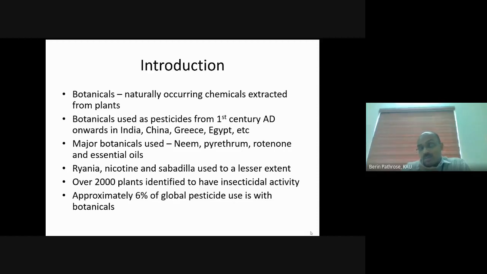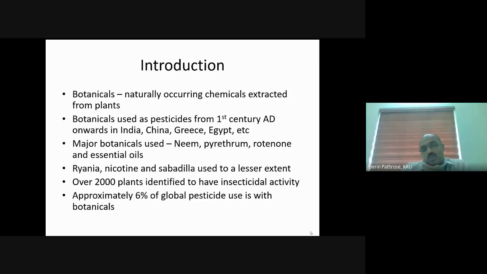Sometimes water extracts are used. A typical example is neem seed kernel extract, wherein we are not using the oils. We just steep the powdered neem seed kernel in water and use the water extract. So whatever chemicals we extract from plants or plant material and use for plant protection, we call them botanicals.